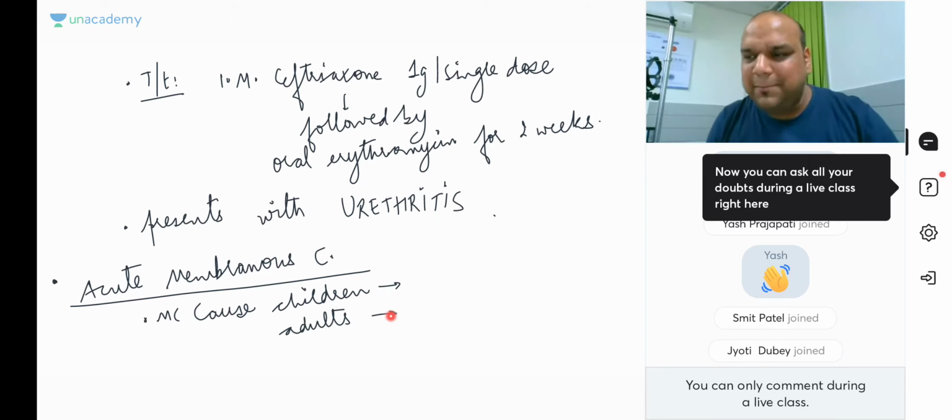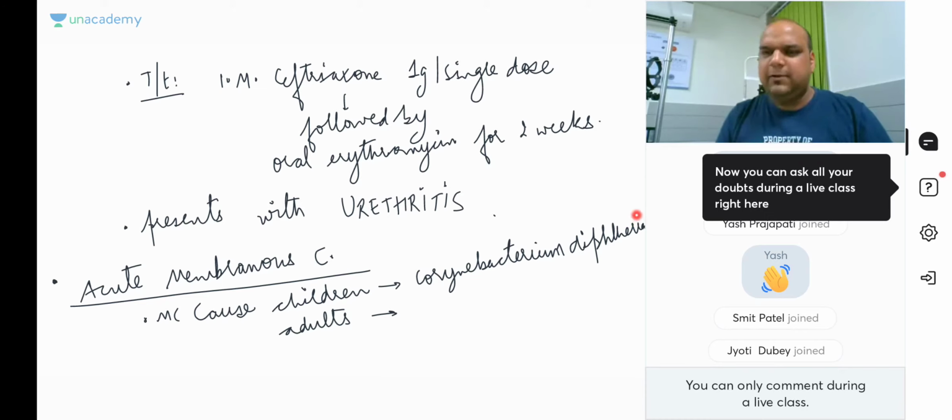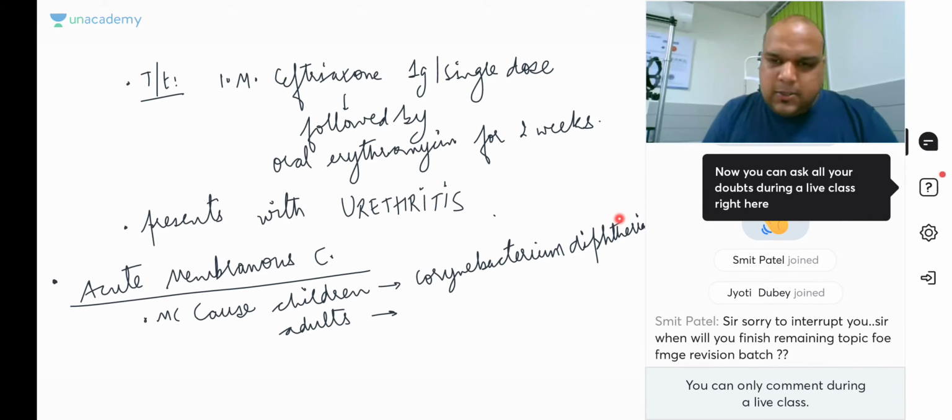In children, the most common cause of membranous conjunctivitis is Corynebacterium diphtheriae. With our immunization, we give the DPT vaccine, so the incidence is very low. But the most common cause in adults is Streptococcus hemolyticus.